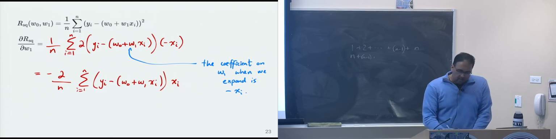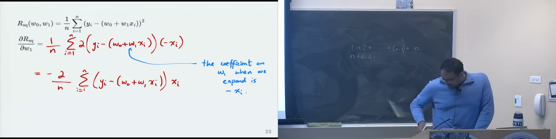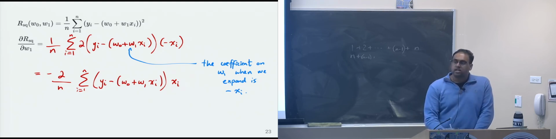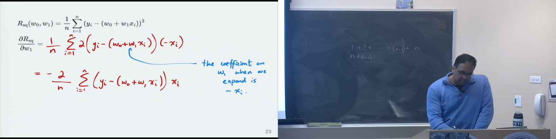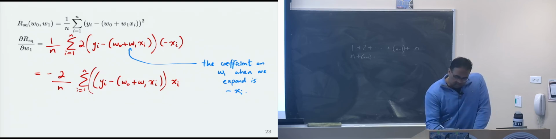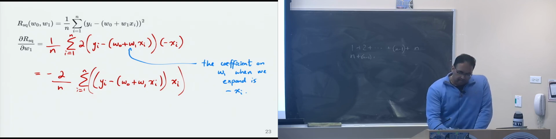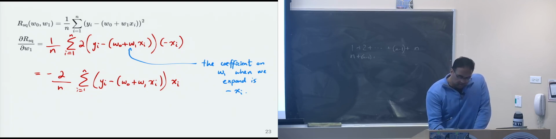Okay? And one thing I'll point out here that someone asked about in the first section is whether the xi is part of the summation. Indeed it is. If you like, you could think of this as having another entire set of parentheses. Okay? So the xi is very much part of the summation.